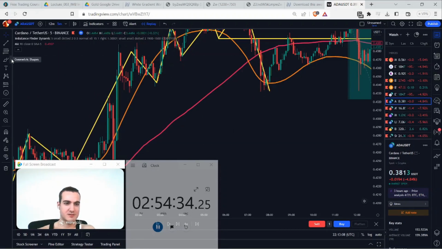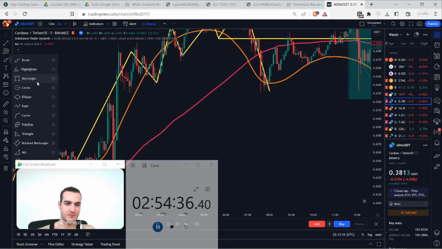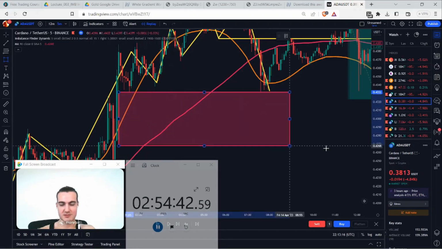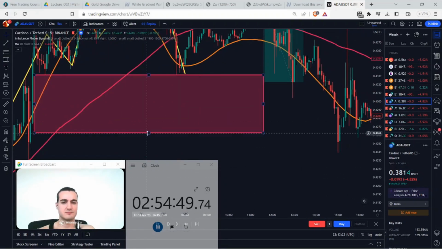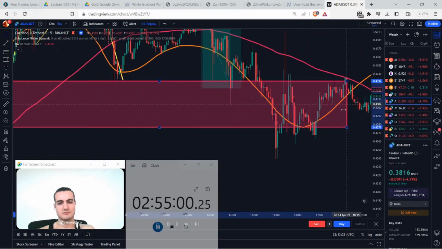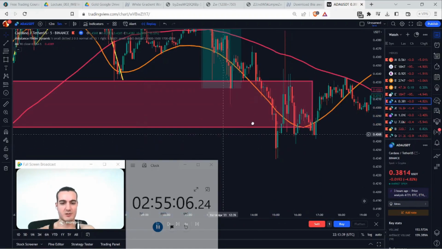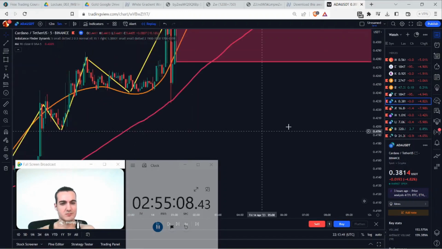Big, juicy imbalance. Hasn't been filled from this point. It actually goes all the way to the bottom of it. I know, so we're here.